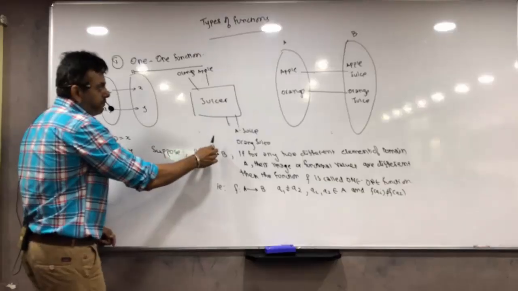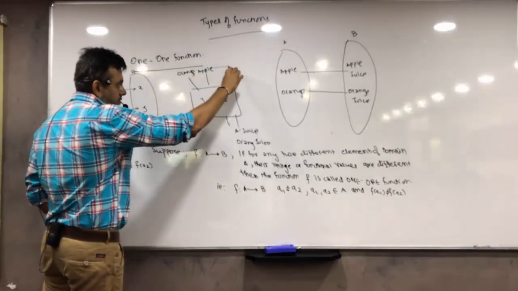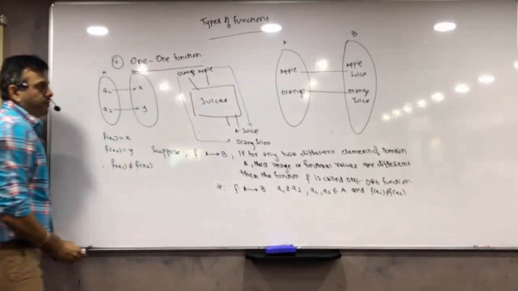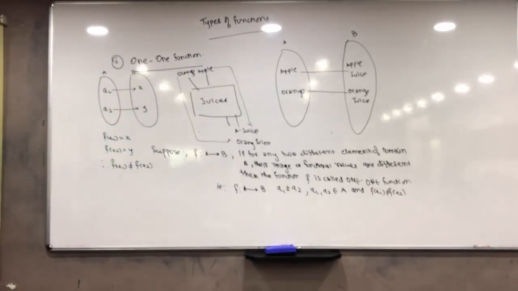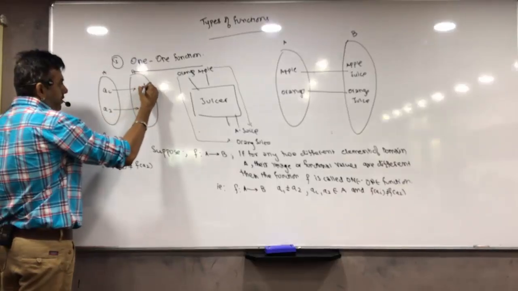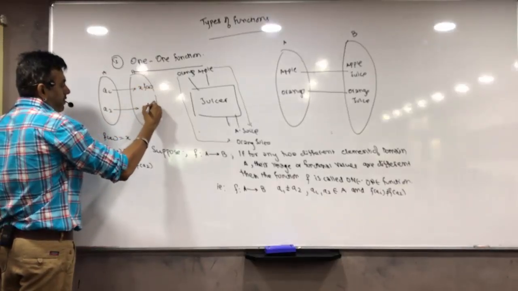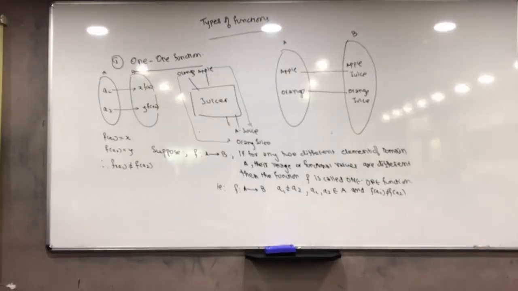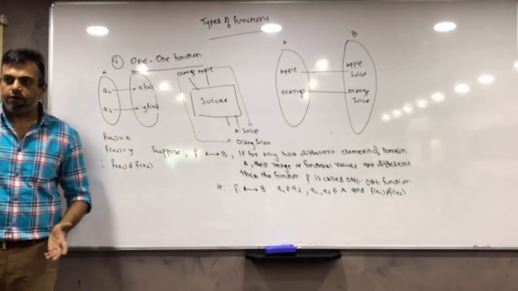You can write this example. Instead of x and y, you can also write f(A1) and f(A2). A question will be given and you will be asked what type of function this is. Is this one-one?